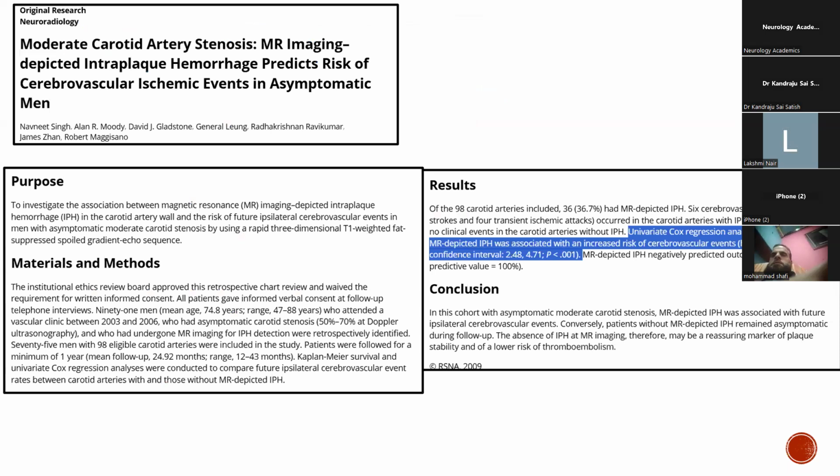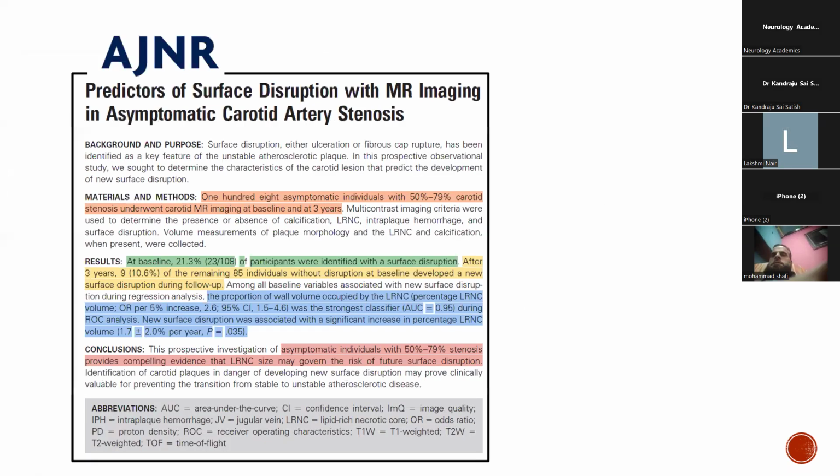So now coming to the asymptomatic patients. This study by Navneet Singh et al. on moderate carotid artery stenosis and MR imaging found that univariate Cox regression analysis confirmed that MR-depicted intraplaque hemorrhage was associated with an increased risk of cerebrovascular event, with a hazard ratio of 3.59 with a 95% confidence interval.